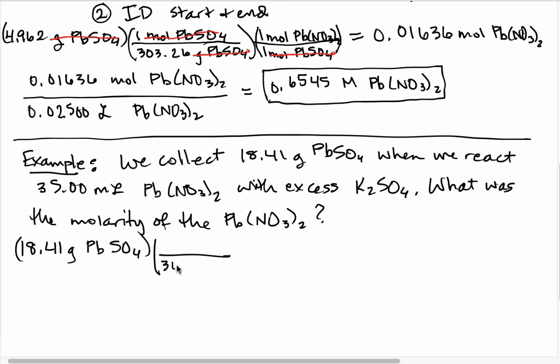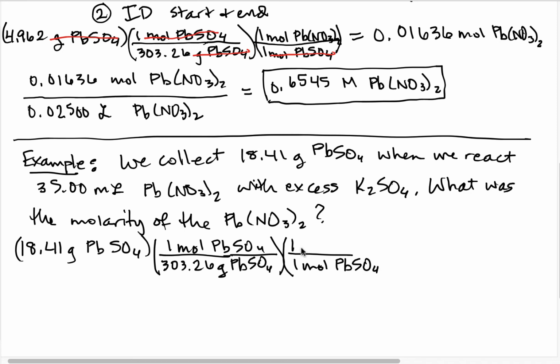So when I divide that by 303.26 grams of lead sulfate per 1 mole of lead sulfate, and I convert that into moles of lead nitrate, then I got 0.06071 moles of lead nitrate.